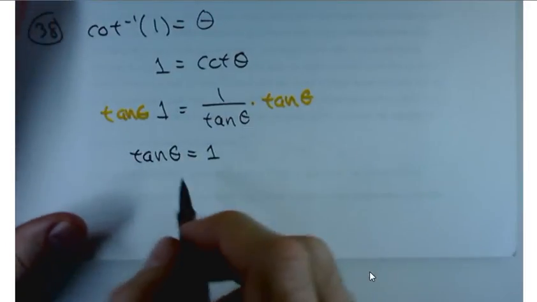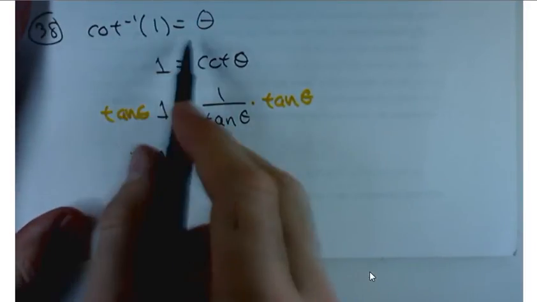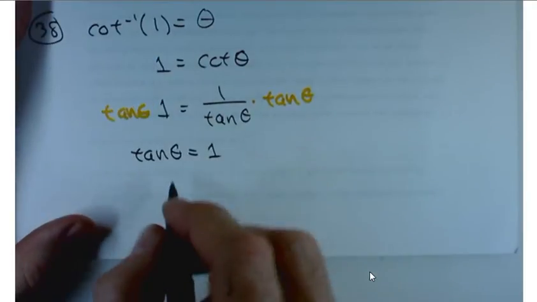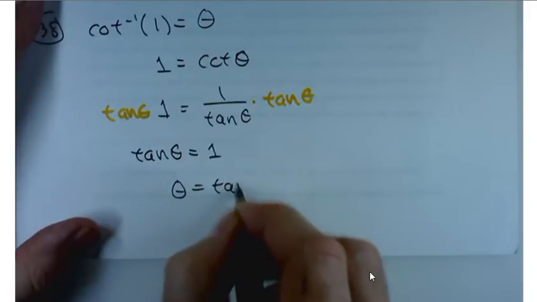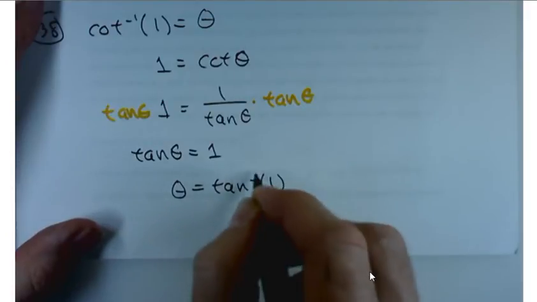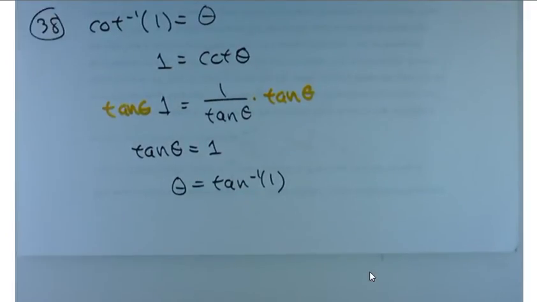Let me go back to something kind of like what I started with, except this time I'm going to rewrite it this way. Theta is the inverse tangent of 1. And that's a number that you can get off your calculator. Some of you might be able to figure that out if you know the unit circle really, really well. If you don't, that's okay.